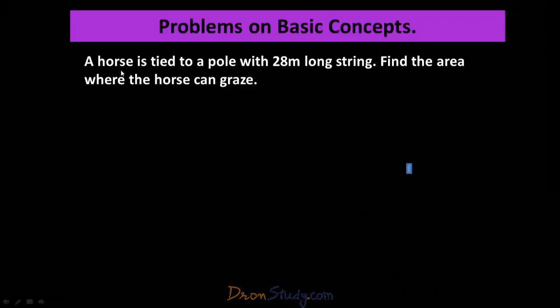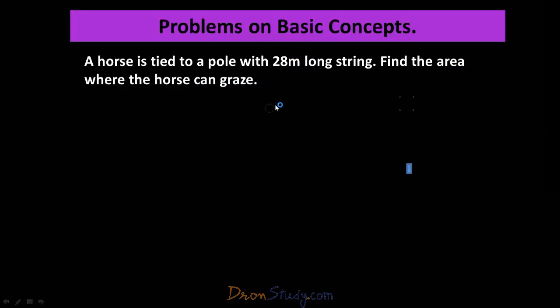Here is another question. A horse is tied to a pole with a 28 meter long string. Find the area where the horse can graze. Here the horse is tied to a pole with a rope of 28 meter long, and we have to find the area on which the horse can graze.